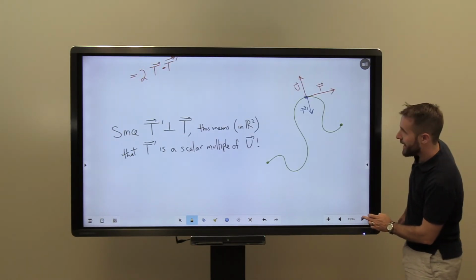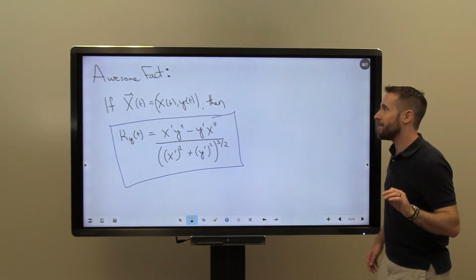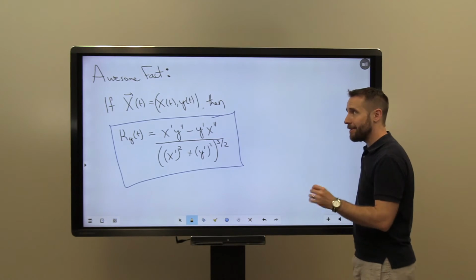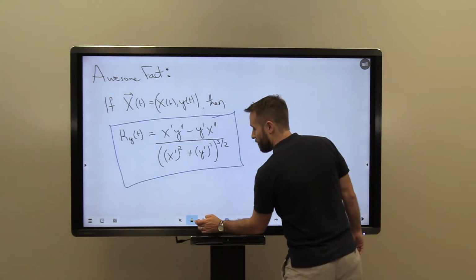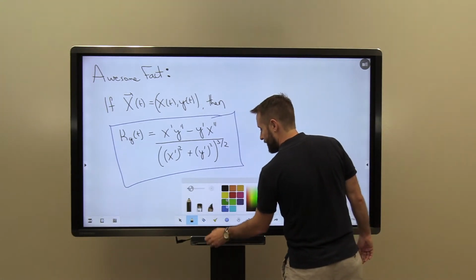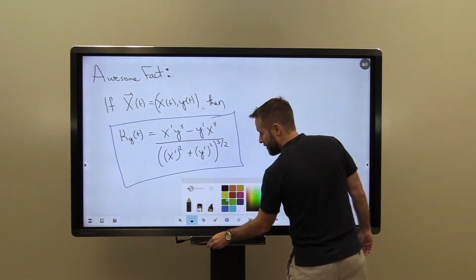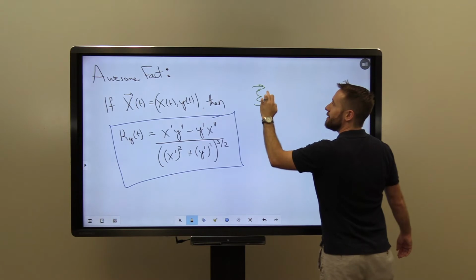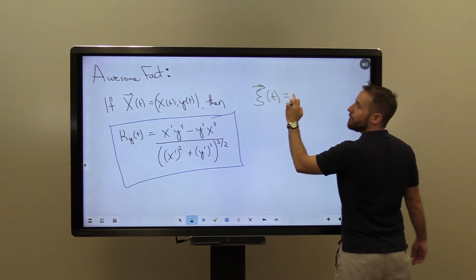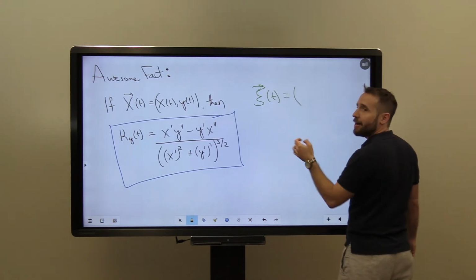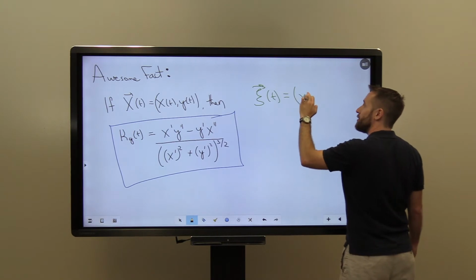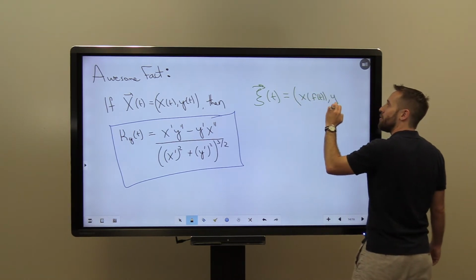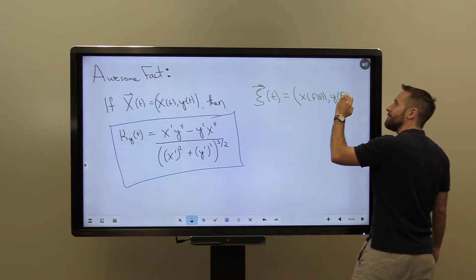Would be to look at this equation here and see what would happen if we replaced our x of t with a reparameterized curve. So if we had a reparameterization xc of t, which would be x of f of t, so that will be little x of f of t, comma, little y of f of t.